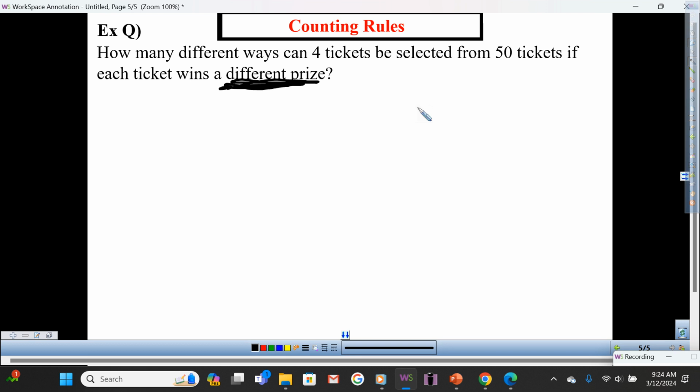Talk it with your neighbor. Which rule? Permutation? That is correct because it does have a specific order. So copy the formula, P of n r, and then find me how many different ways, please. I'll give you time. Go.